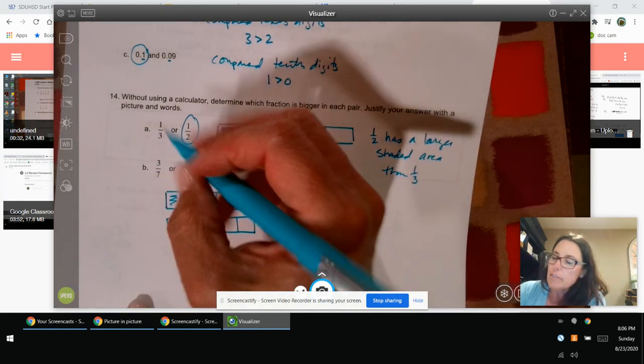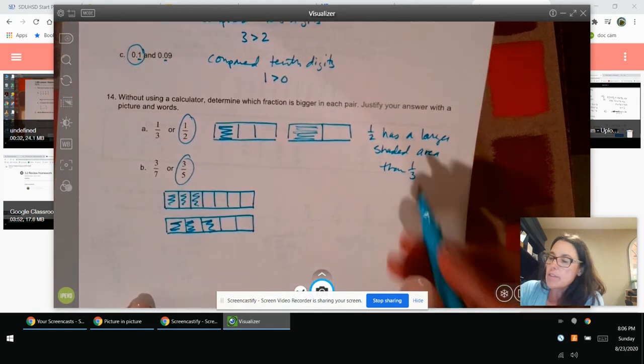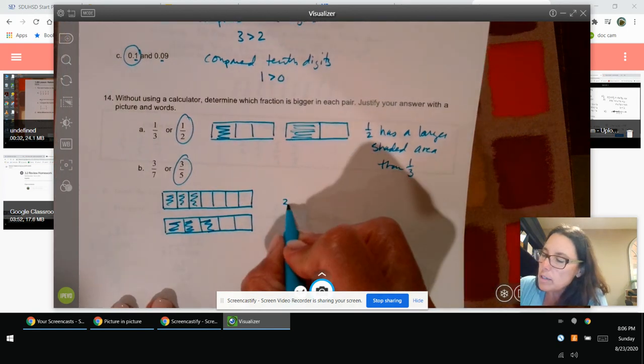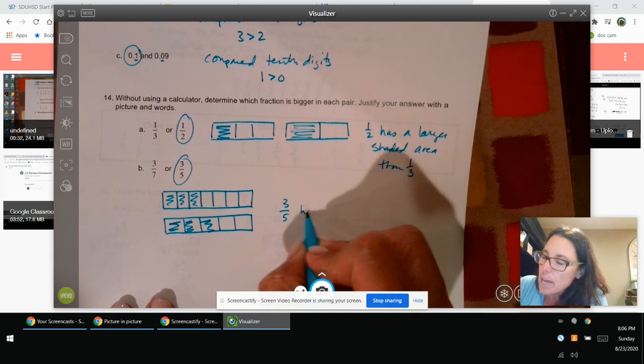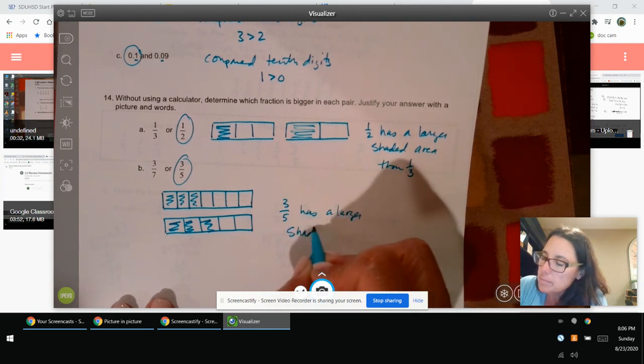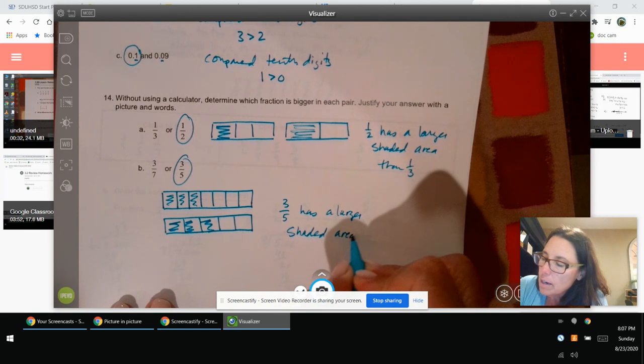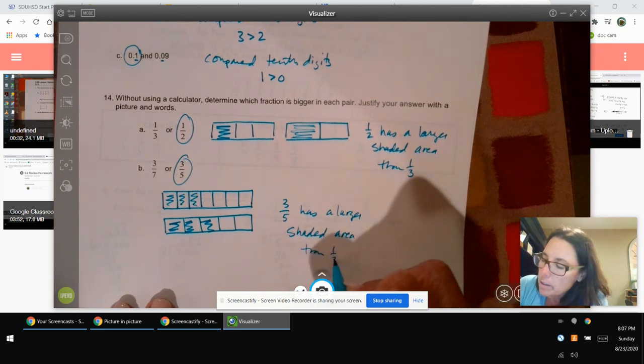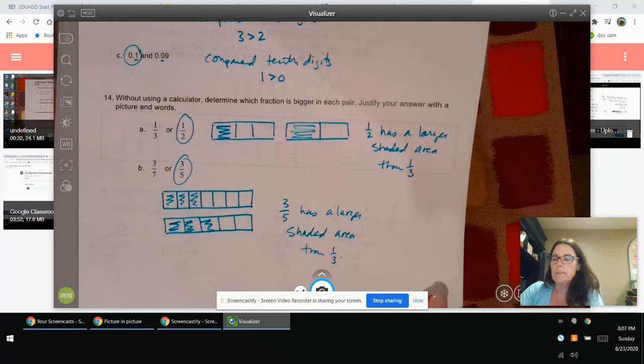So the 3/5 is larger for the same reason we said the last one. 3/5 has a larger shaded area than 3/7. Okay. All right, again, bring your questions with you.